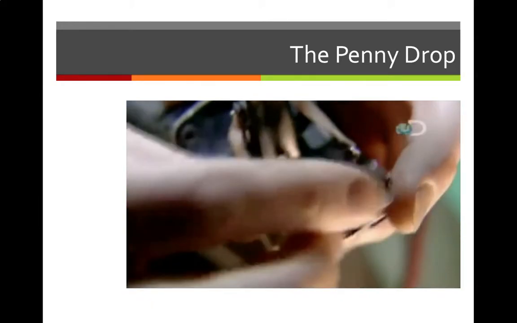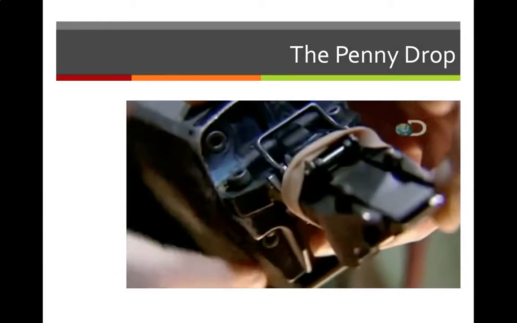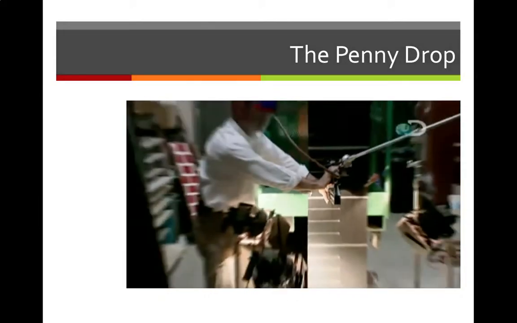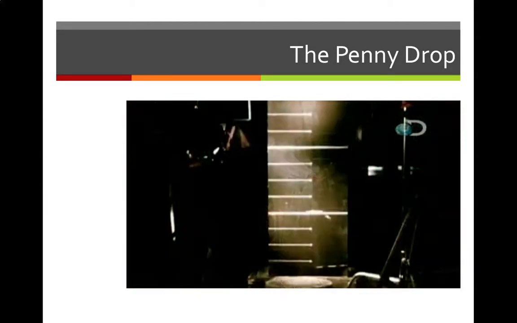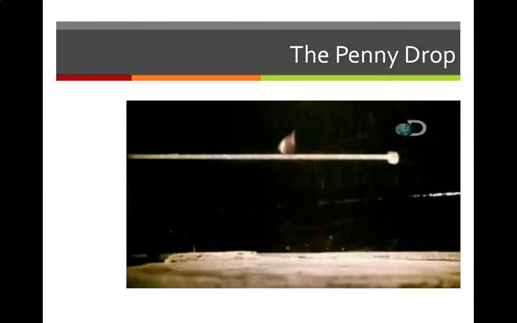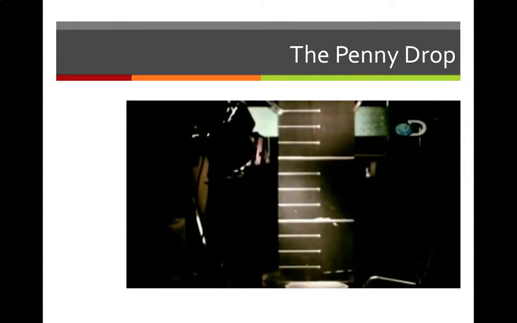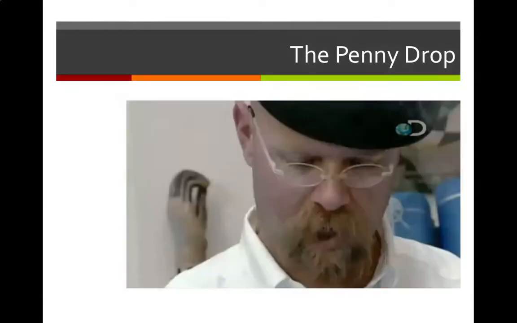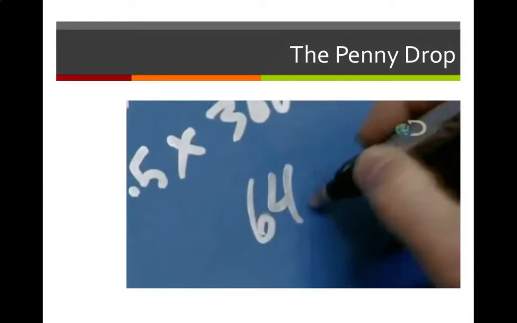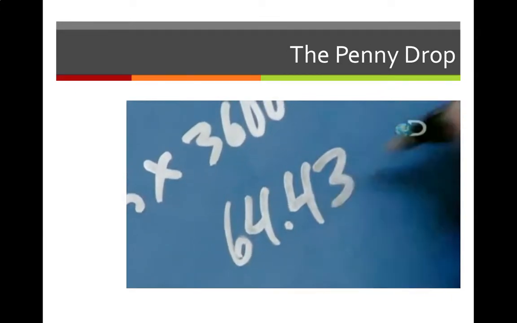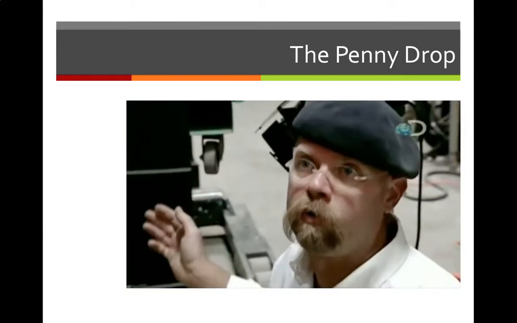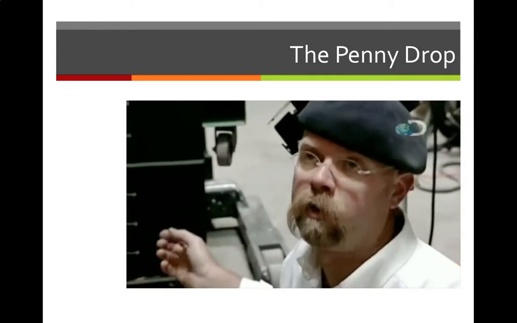It's time to see if Jamie's penny can achieve terminal velocity. The modified staple gun blasts the coin from 3 feet at the concrete block. Look, you can see the penny imprint. The penny traveled the 3 feet in 16/500ths of a second. The rig has shown that we can fire this penny at about 65 miles an hour, which is at the upper level of what studies have shown the terminal velocity of a penny would be.